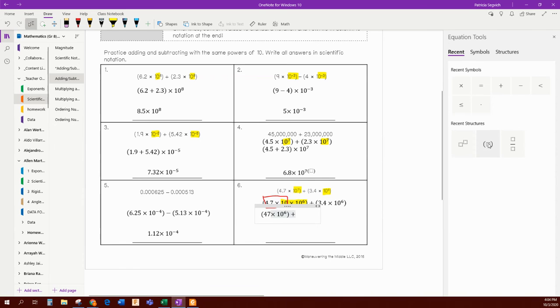Plus our 3.4 times 10 to the 6th. Oh, look at that. Now we do have the same exponents, right? Our exponents are now 10 to the 6th. So now we can just add up the first factors. So we'd have 47 plus 3.4, and that's all going to be times 10 to the 6th.